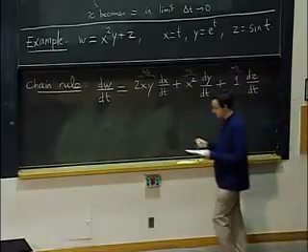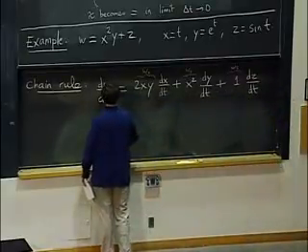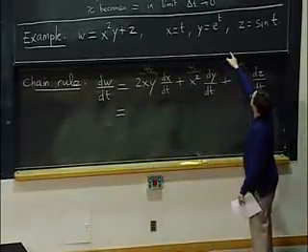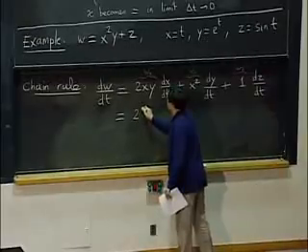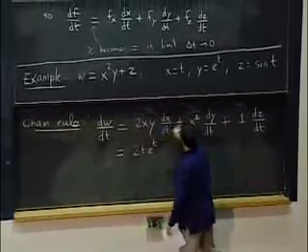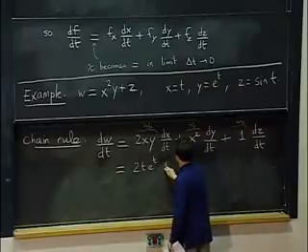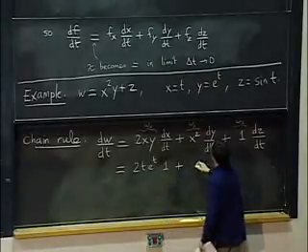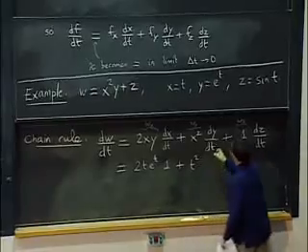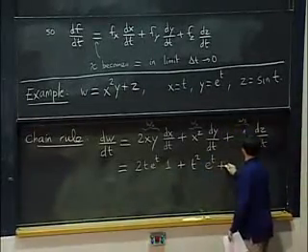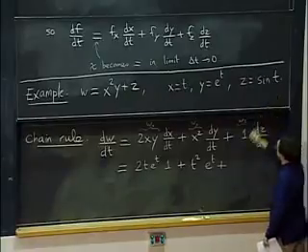Okay? And so now let's plug in the actual values of these things. So x is t, y is e to the t, so that will be 2t e to the t. dx dt is 1, plus x squared is t squared. dy dt is e to the t, plus dz dt is cosine t.